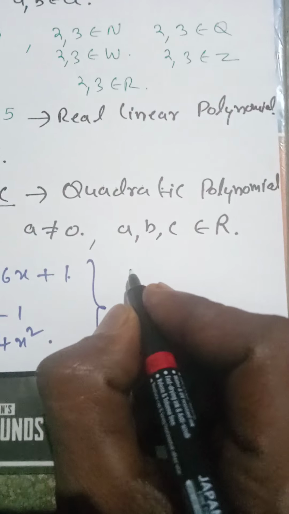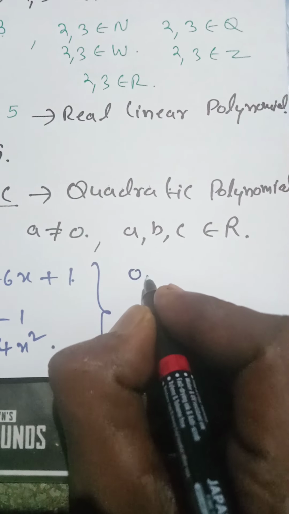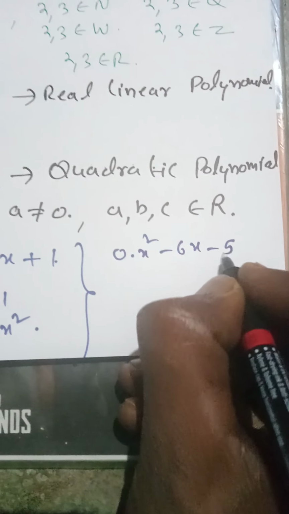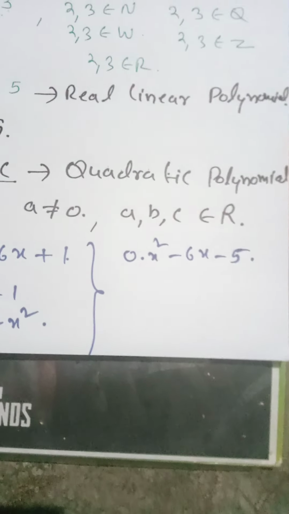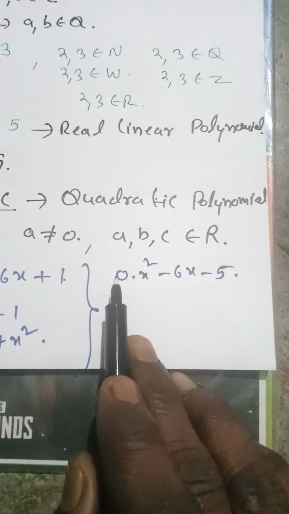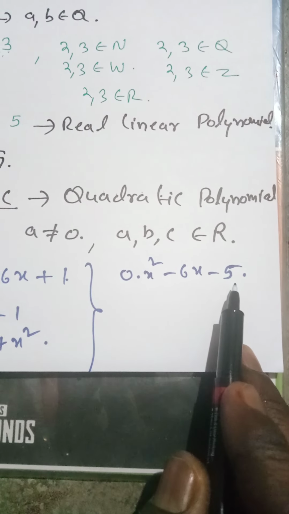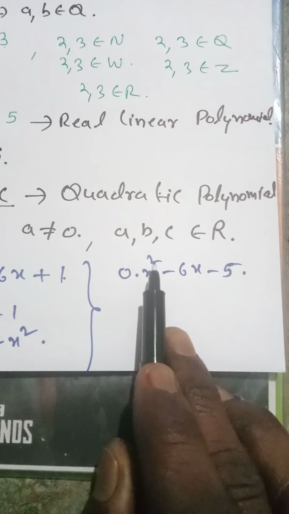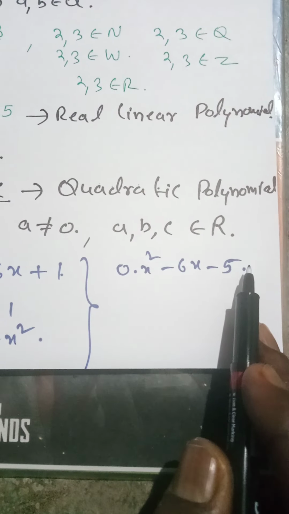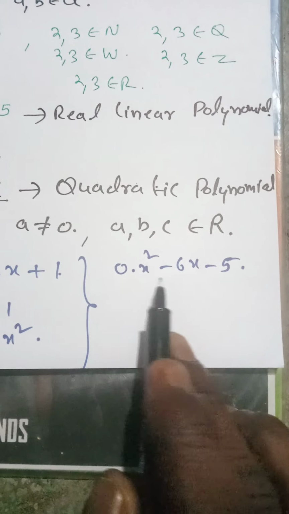Suppose I take a quadratic polynomial in the form of 0x square minus 6x minus 5. Once you focus on all the coefficients of various terms of the polynomial: 0, minus 6, minus 5. But the highest power of x is 2. This is a quadratic polynomial, isn't it? No, it's not a quadratic polynomial.